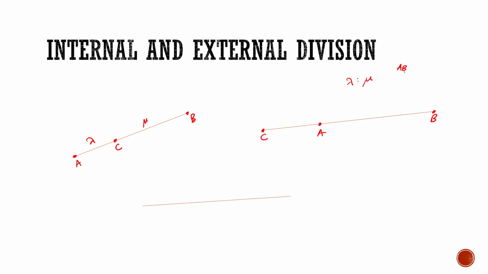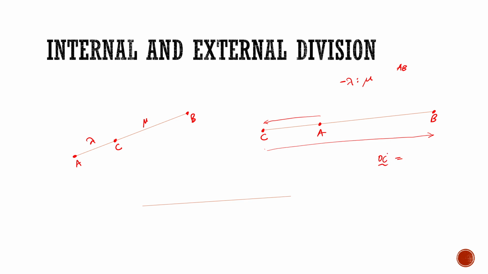We move from A to C, and then from C to B. Because from A to C is the movement to the left, this would be negative lambda to mu. However, you could make either of them negative. It's your choice. You'd still get the same answer during calculation.